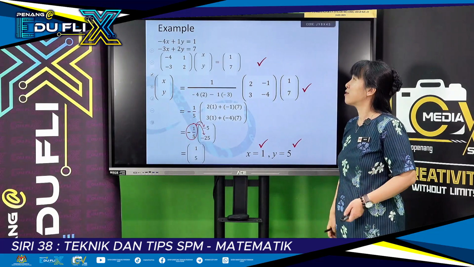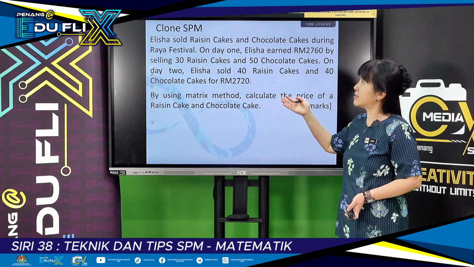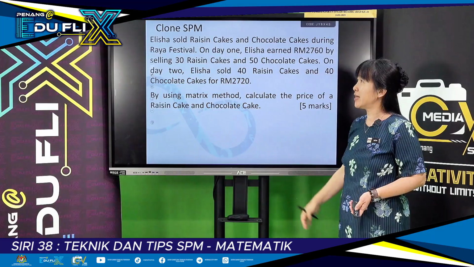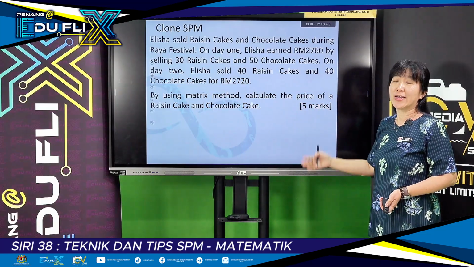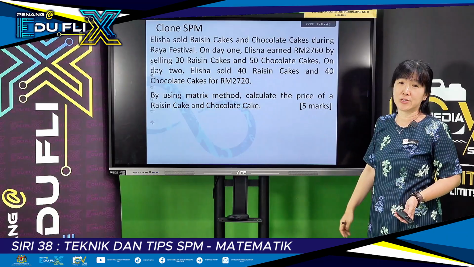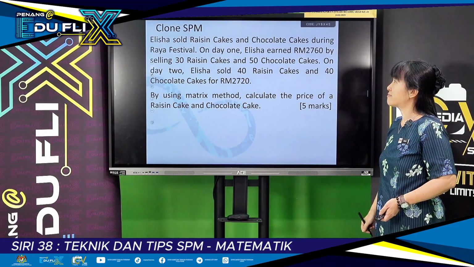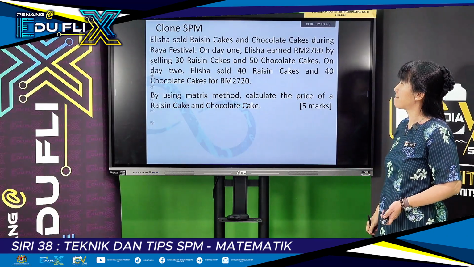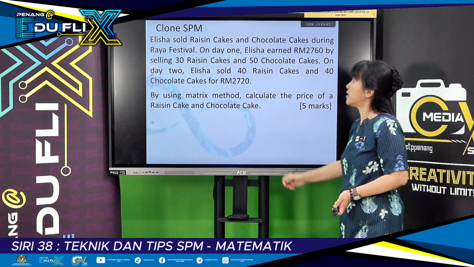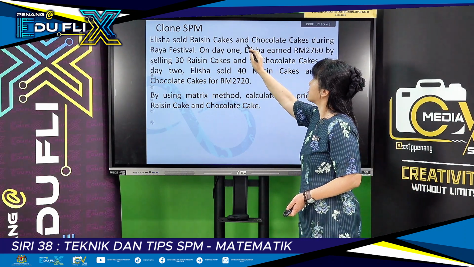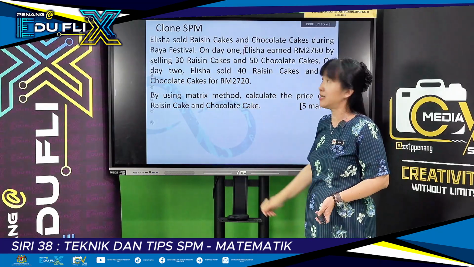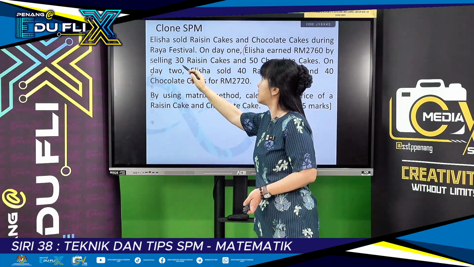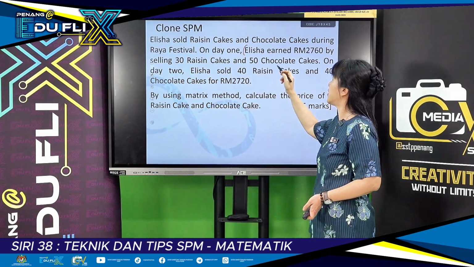So let's continue to try this clone SPM. Please read this question carefully. Try to identify the important information. First information, Elisa earns RM 2,760 by selling 30 raisin cakes and 50 chocolate cakes.